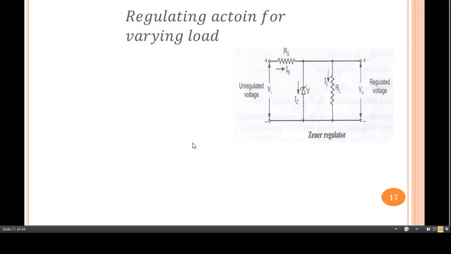Now we will see the regulating action for varying load. For that purpose, we will vary the load RL from minimum to maximum. Here also either the RL will increase or decrease, and in this case we have to consider that the input voltage is constant.